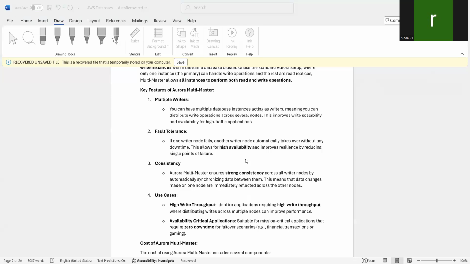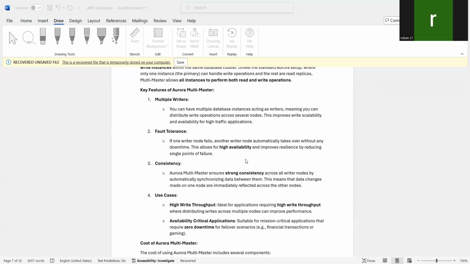A cluster is a collection of nodes, so you can distribute write operations across several nodes, with multiple database instances acting as writers.